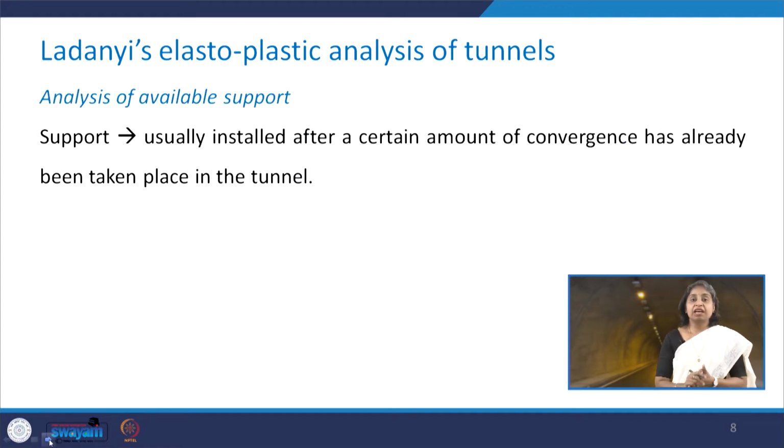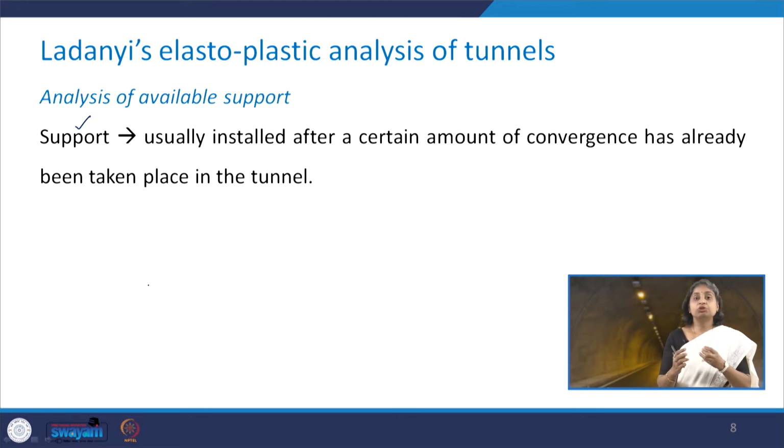Now coming to the analysis of the available support, basically these support systems are usually installed after a certain amount of convergence has already taken place in the tunnel. Why is this so? We have discussed already that if upon excavation you don't want to allow a little bit of deformation, then you have to go for a very rigid or stiff support system, which may be quite uneconomical.